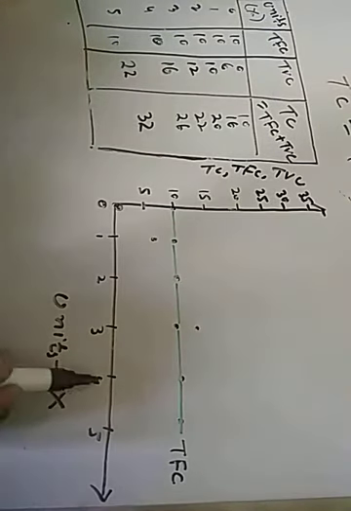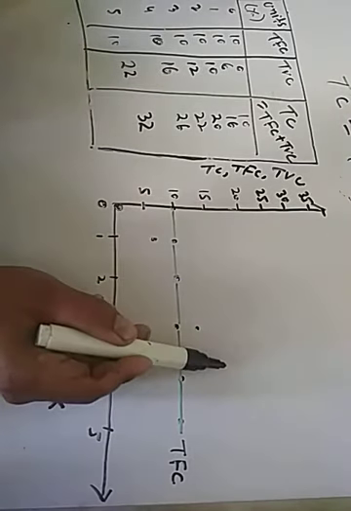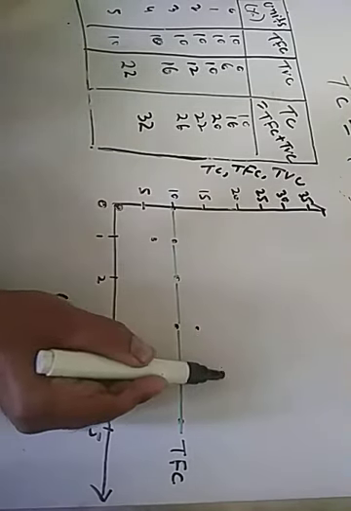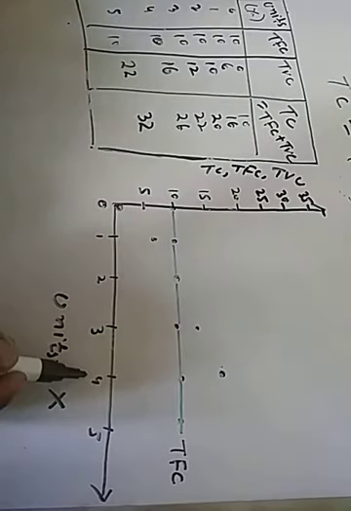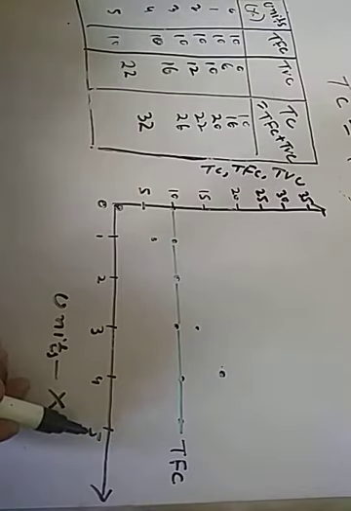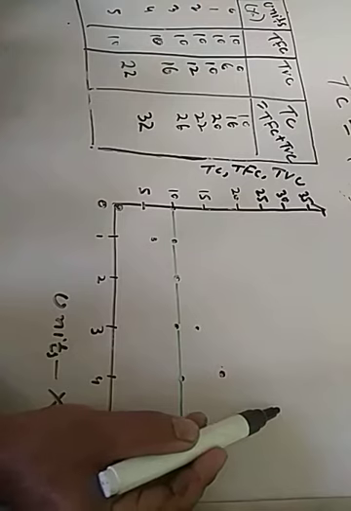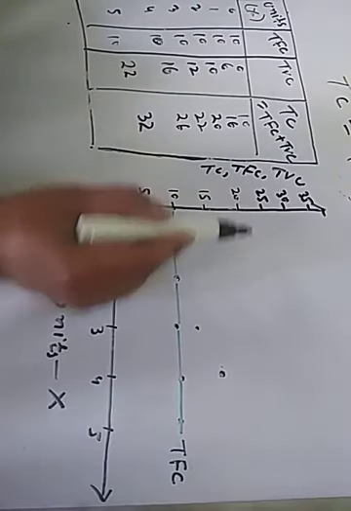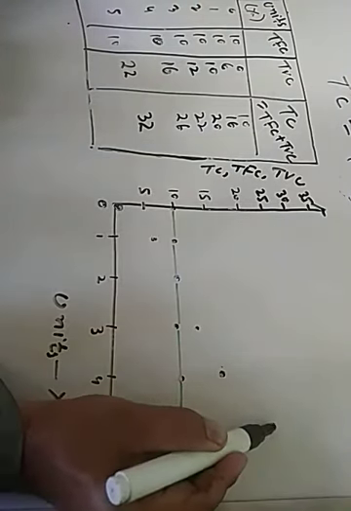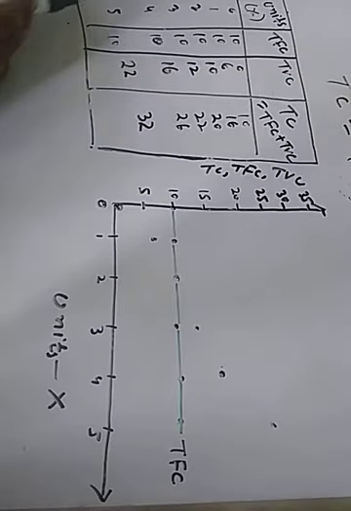At this level of output, 4 units of X produced, variable cost is 60. It will lie above 15 here. Then 22 when level of output is 5 units. It will lie about 20, about this. And on the x-axis, the level of output is equal to 5 units.